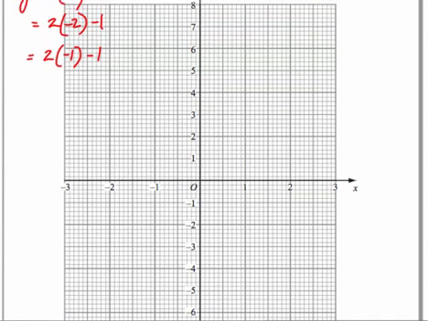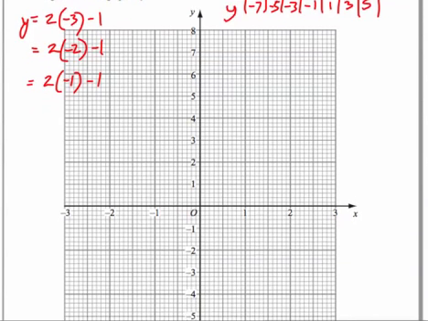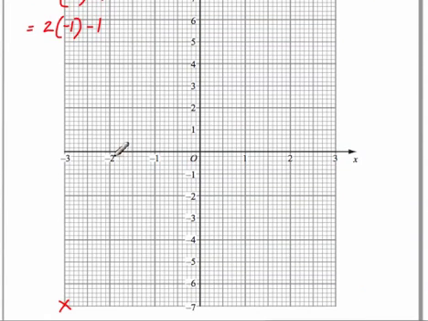The next point is when x is -2, y is -5, so there's one there. The next one will go here, the next one will go there, and the next one will go there, and there, and the final one there.